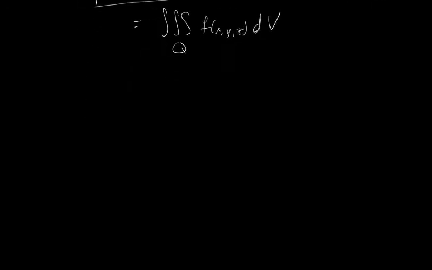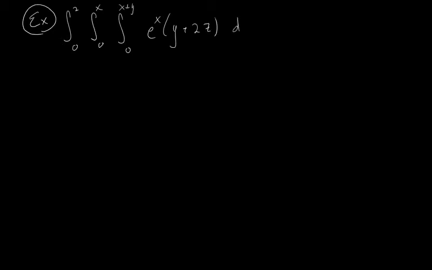Okay, so let's do an example. Let's evaluate this integral: the integral from 0 to 2 of the integral from 0 to x of the integral from 0 to x plus y of our function, e to the x times y plus 2z, and we're going to integrate that first with respect to z, then with respect to y, then with respect to x.